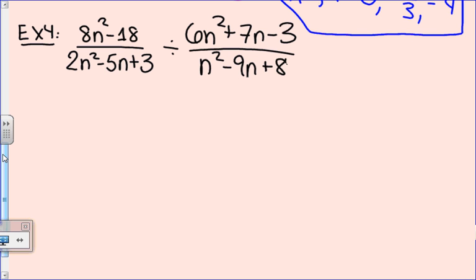We have to divide. Okay, so let's start with the first question: 8n squared minus 18. Top of your list, top of your order.